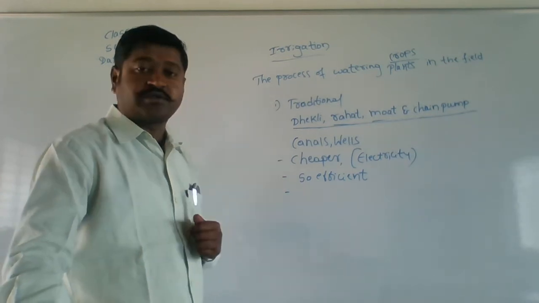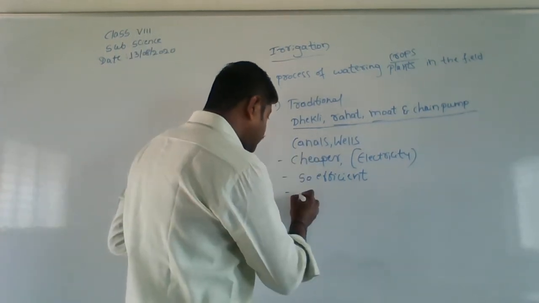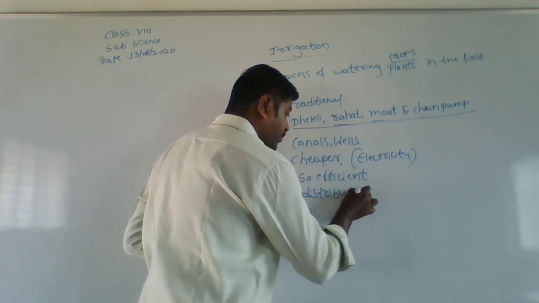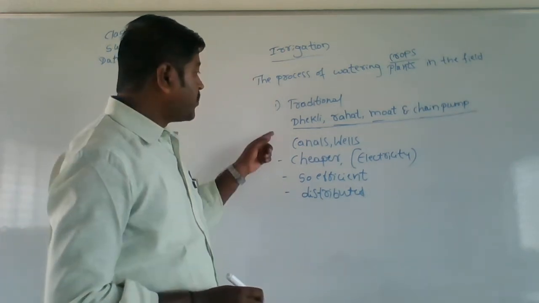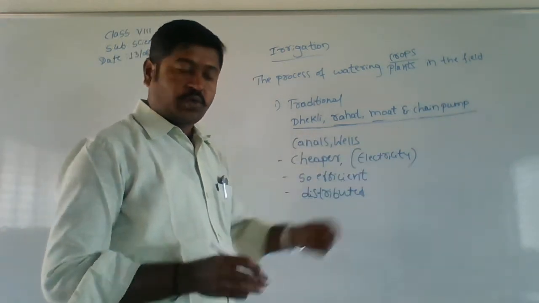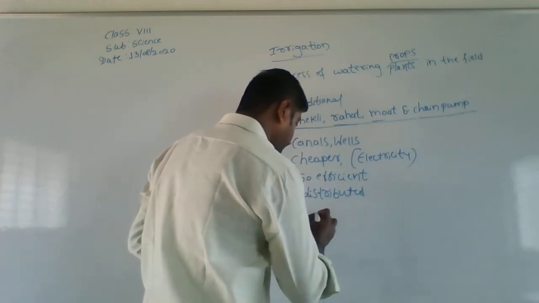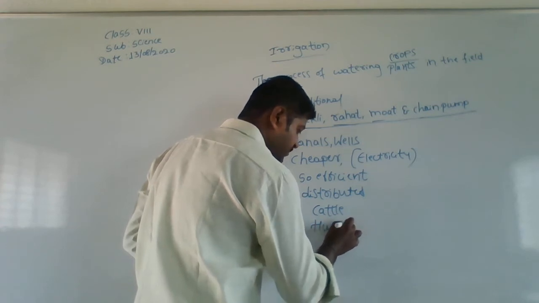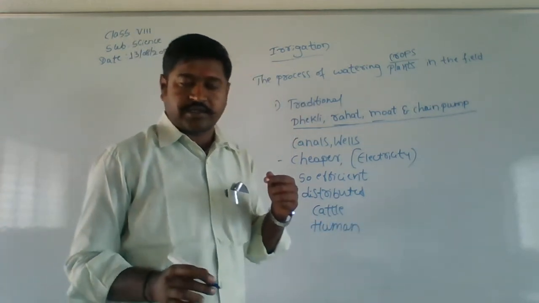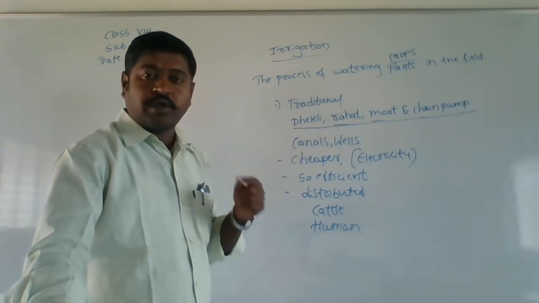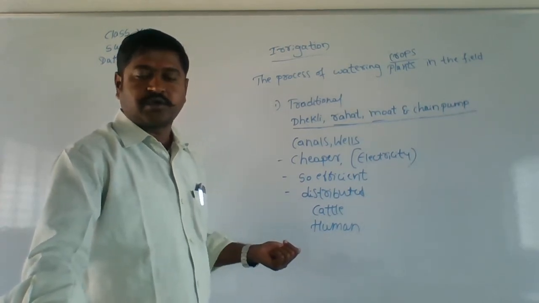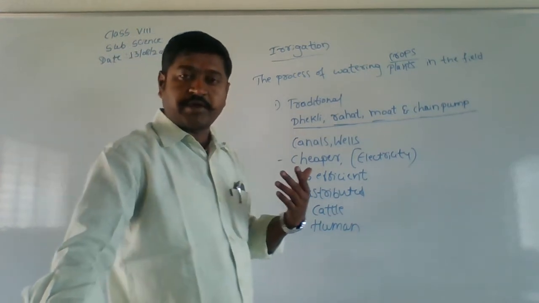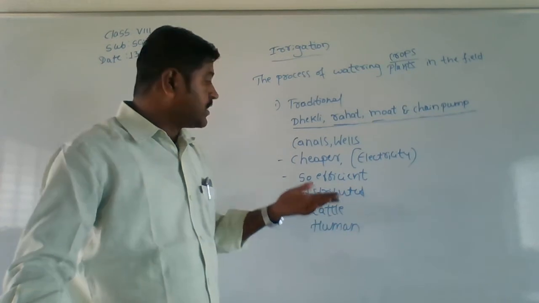Then, apart from this, water was distributed by using all these methods with the help of cattle labor or human labor. Either cattle has to be used or we human beings have to be used as labor so that the water from the canals and wells can be supplied continuously.